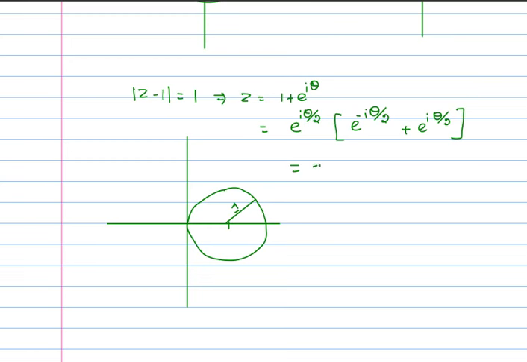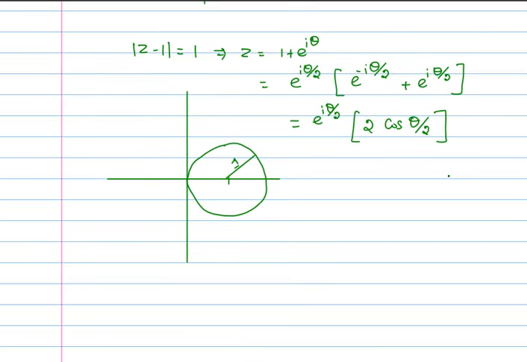So z is exponential of i theta by 2 times 2 cos theta by 2. It is the same unit circle, only the center is shifted, but it looks different.